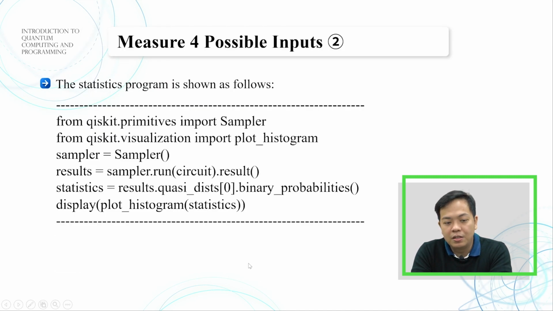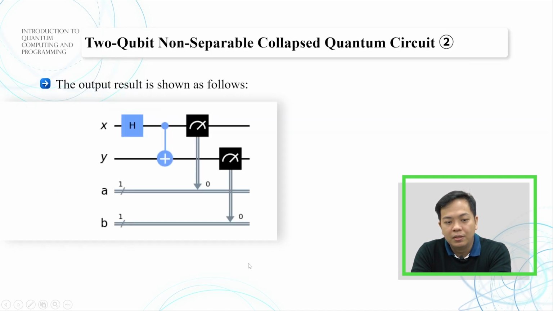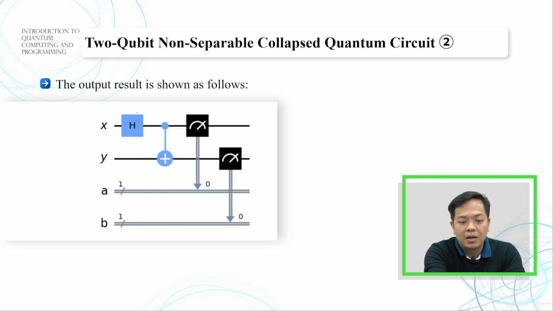So here is a simulation of a 2-qubit non-separable collapse quantum circuit. You can see we have this Hadamard gate, and we have this one positive, and we have the 2-qubit state, x and y, and we have tensor products.